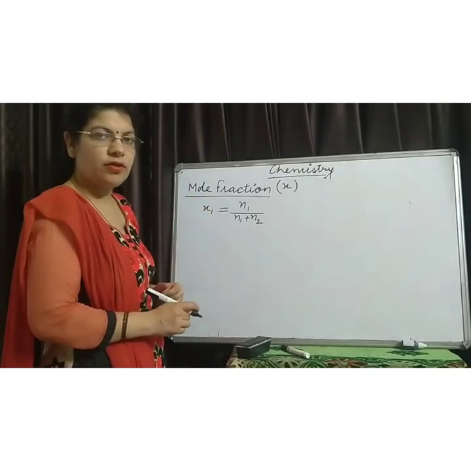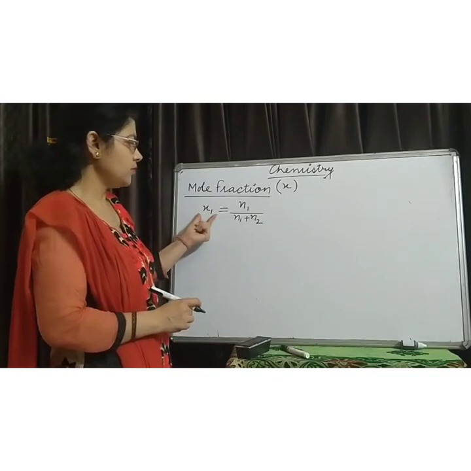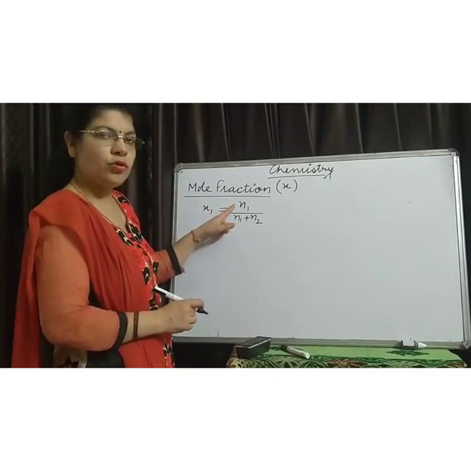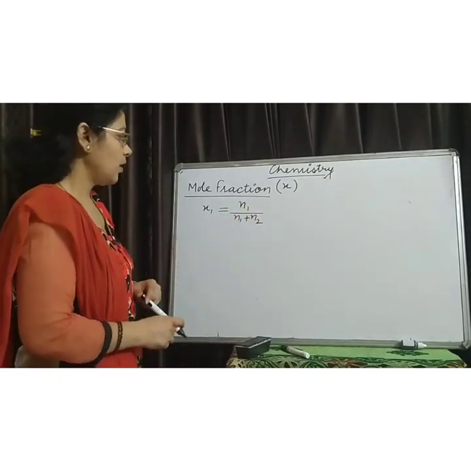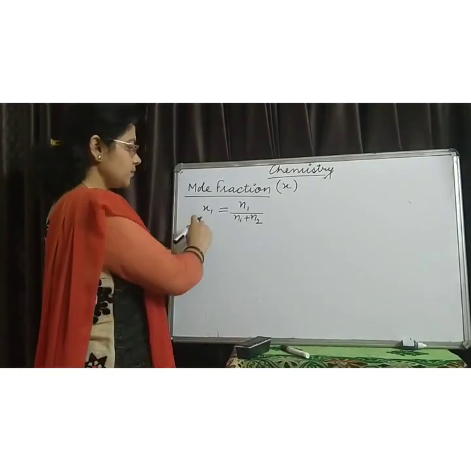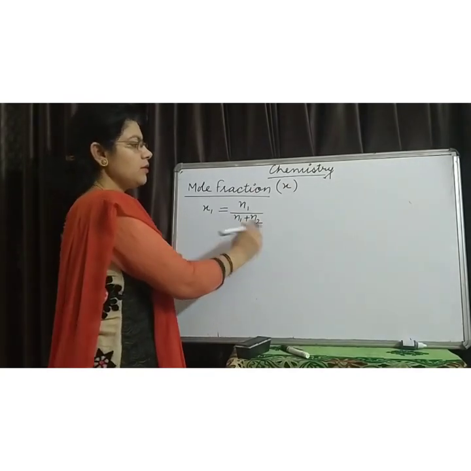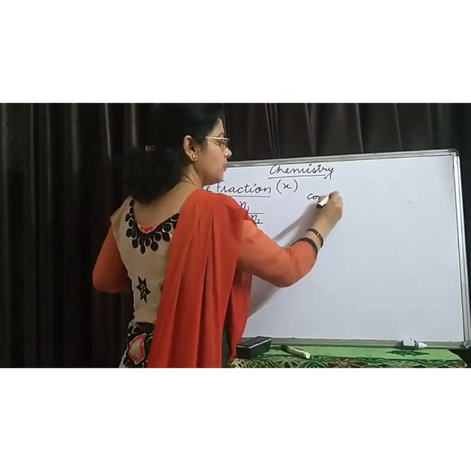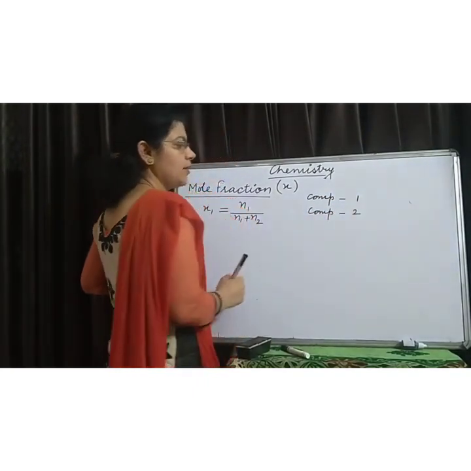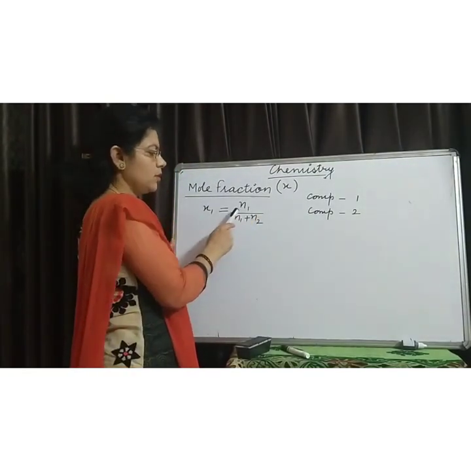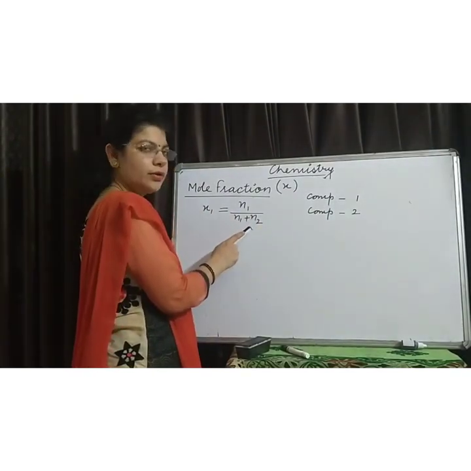Mole fraction of a given component can be calculated as the number of moles of that component divided by the total number of moles. Hence, if there are two components in a given solution, component 1 and component 2, let us suppose that for component 1 the number of moles is N1, and for component 2 the number of moles is N2.